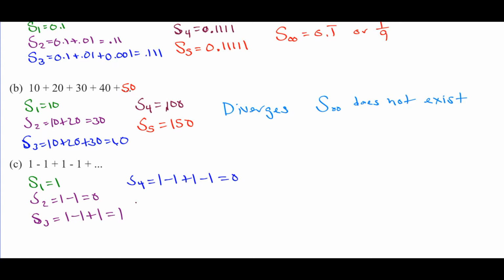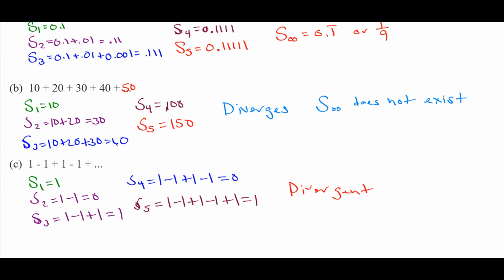My fifth partial sum would be 1 minus 1 plus 1 minus 1 plus 1, which is going to give me 1. So the pattern here is that we're alternating between a sum of 1 and a sum of 0. So again, this would be a divergent summation. So my infinite sum does not exist.